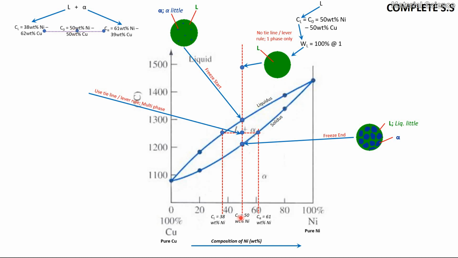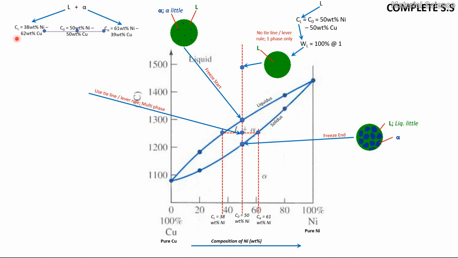There is 50 nickel. So we now have 3 readings here: the composition of liquid, the overall composition, and the composition of alpha.